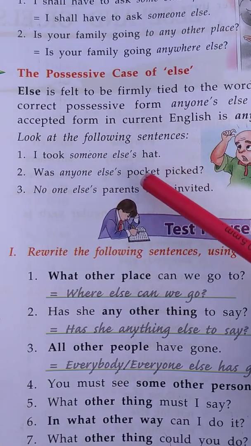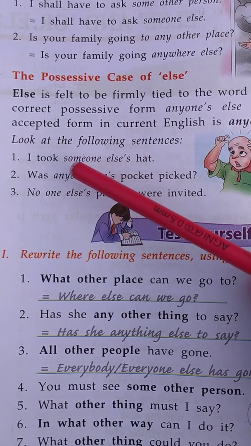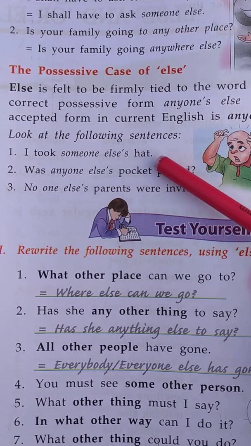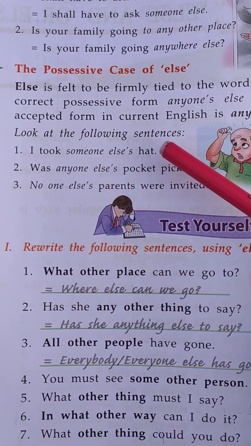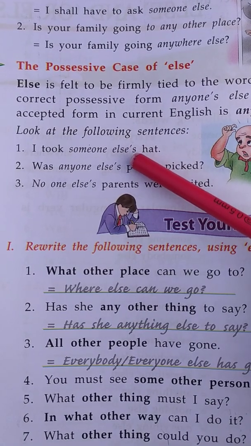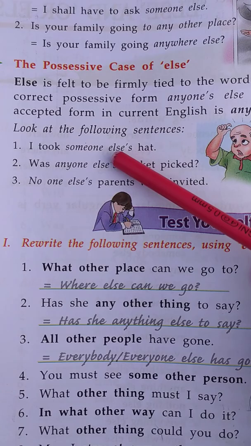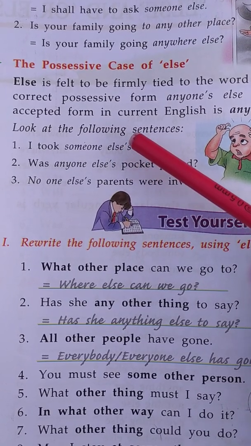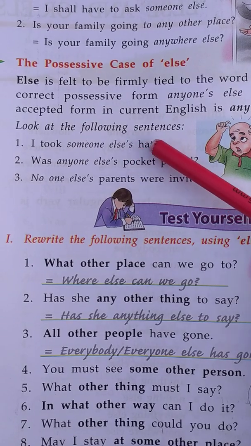Now see the following sentences. Number 1, I took someone else's hat. In this sentence, the possessive case of else is used: else apostrophe s. This is the possessive case of else.